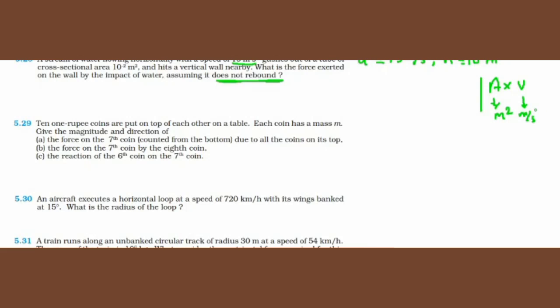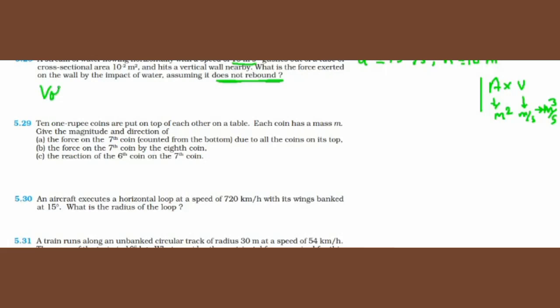So when you multiply, you will get meter cube per second. So what is that unit, meter cube per second? Meter cube per second means volume per second. So whenever you multiply area and velocity, you will get volume per second.